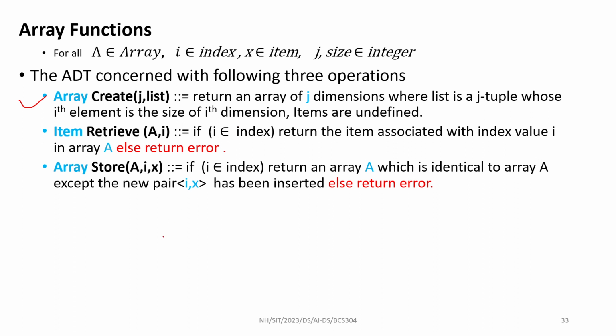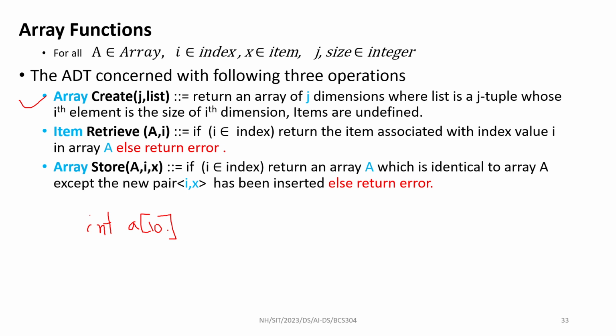Items are undefined. In C that can be defined like this: int a[10]. This is the creation process. The elements are undefined, and the size of that array is 10.